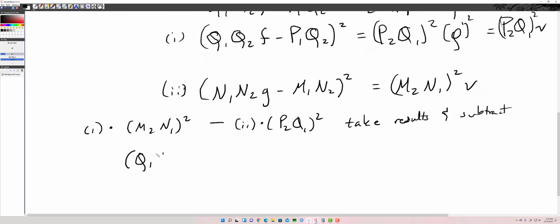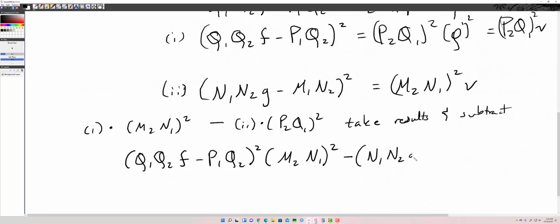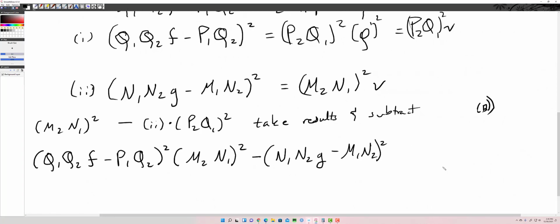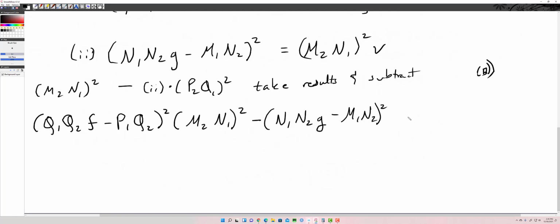So now I have Q1 Q2 F minus P1 Q2, quantity squared, times m2 n1 quantity squared, minus n1 n2 G minus m1 n2, quantity squared, times p2 q1 squared equals 0.